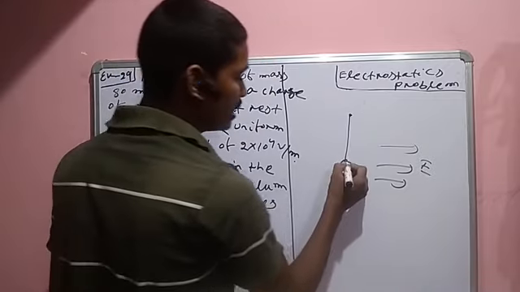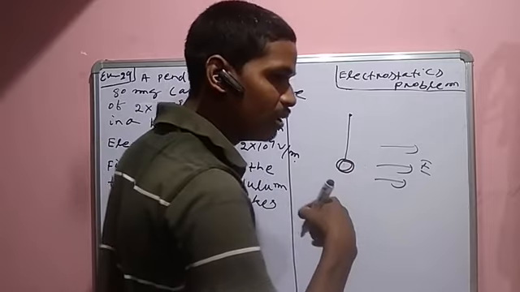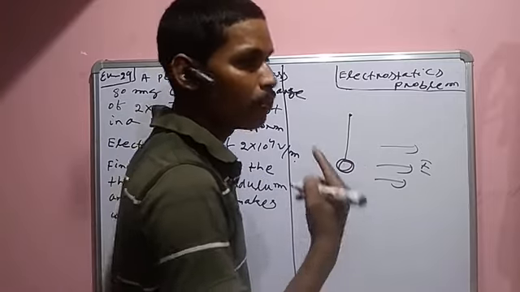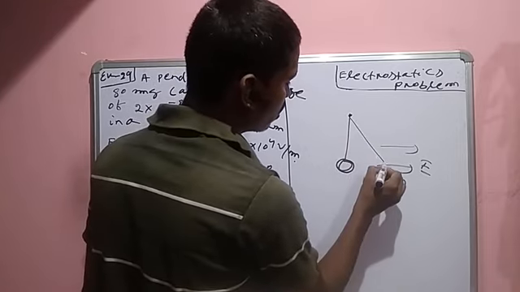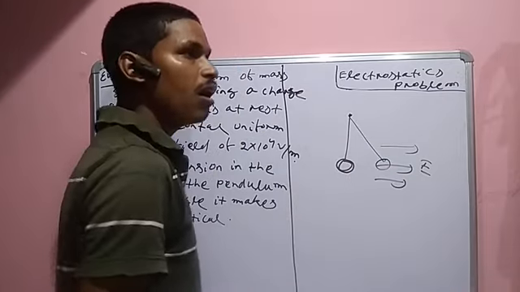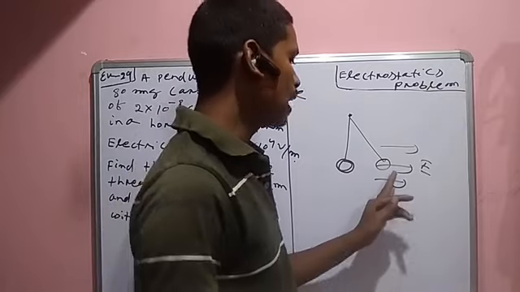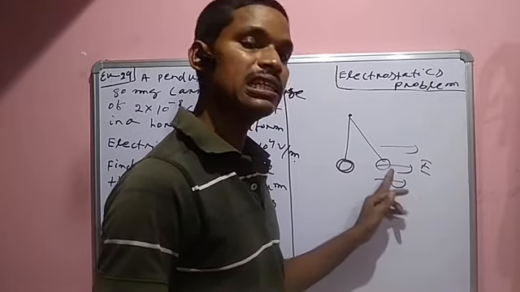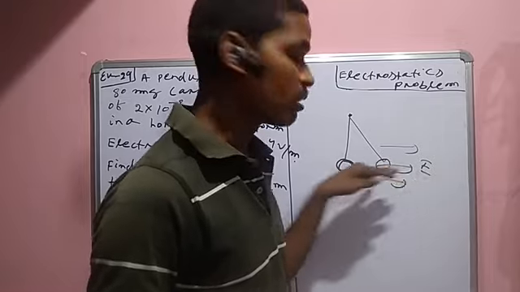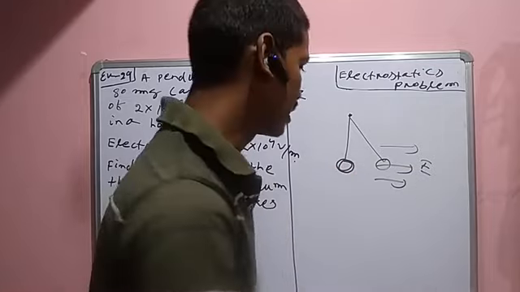Whenever I give a positive charge to this body, then it moves in this direction, because whenever a positive charge is placed inside the electric field, the force exerted on that charge is in the same direction as the electric field.